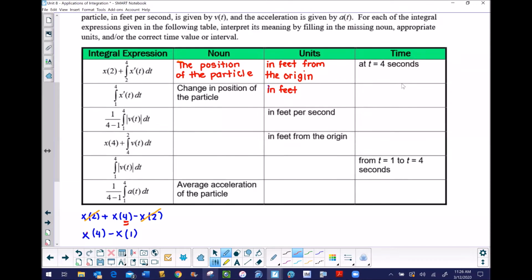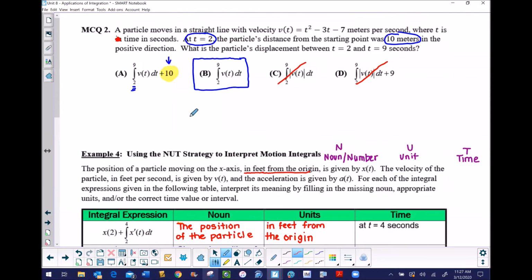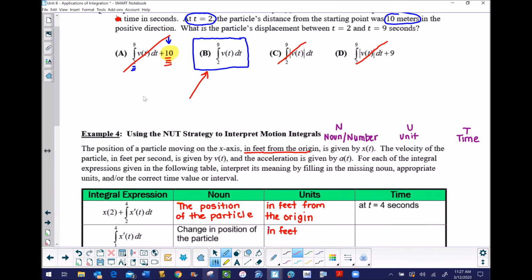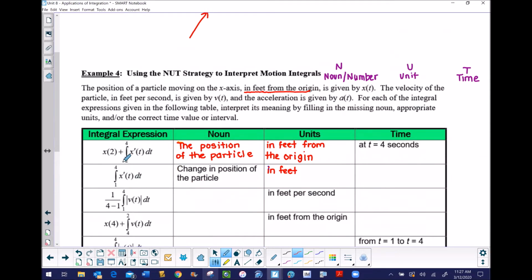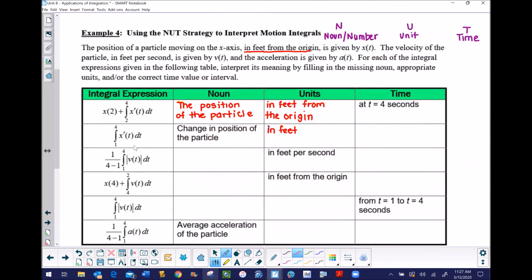If you think back to the previous example, it reminds me a lot about why we chose B and not chose A, because we didn't really care about how much we had moved prior to that particular beginning time interval. Okay? So you're just talking about what's happening in between time 1 and time 4.